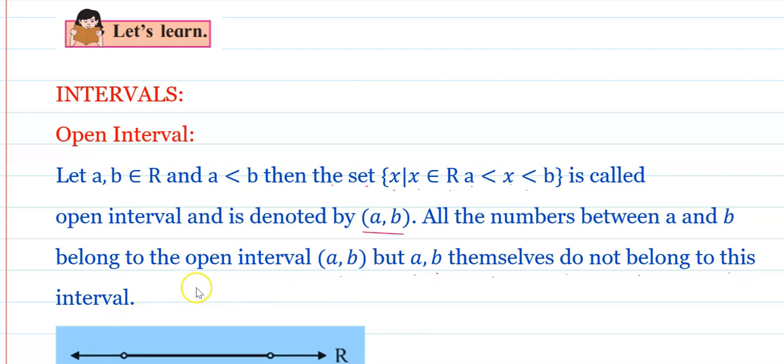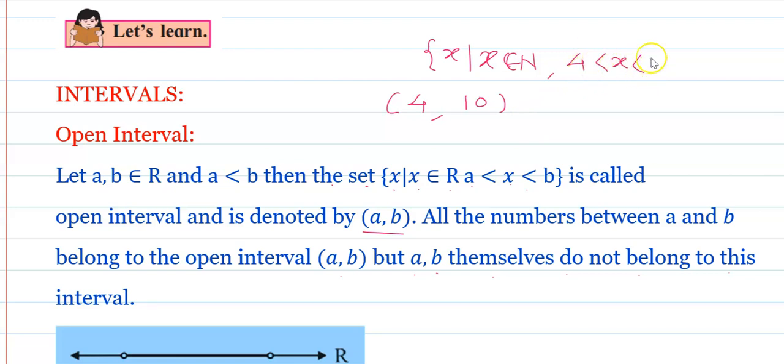Now suppose I have the set (4, 10). What does it mean? If I write it like this, it is {x : x belongs to the set of natural numbers and x lies between 4 and 10}.